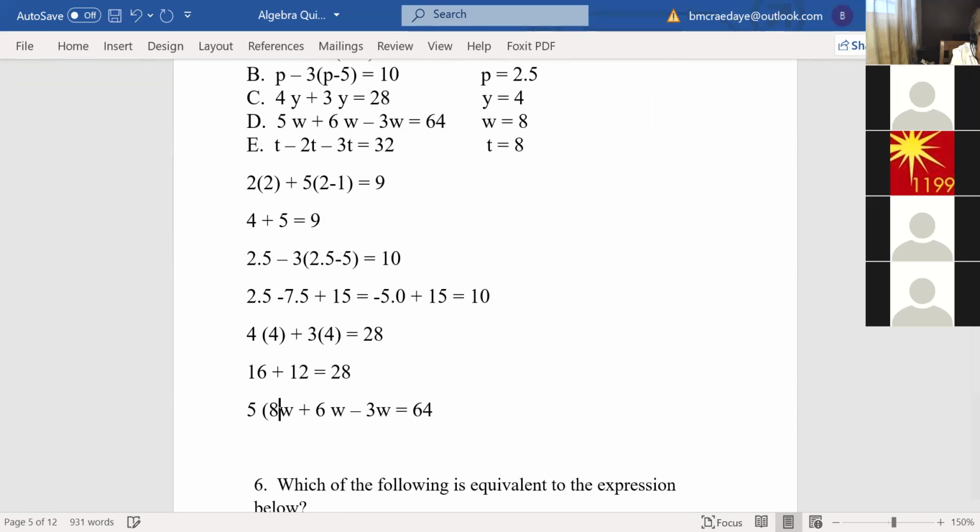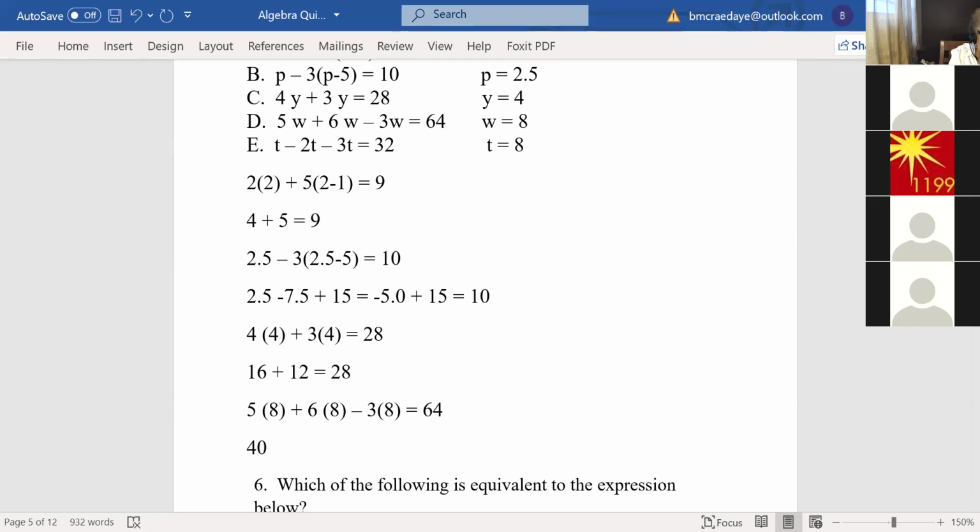So let's put the 8 here, right? Now put the 8 again for the W. Now put an 8 again. And then let's do our multiplication. What's 5 times 8? 40. What's 6 times 8? 48.